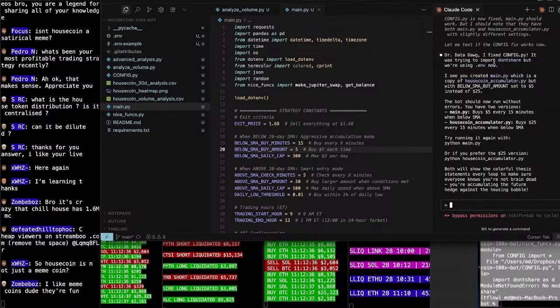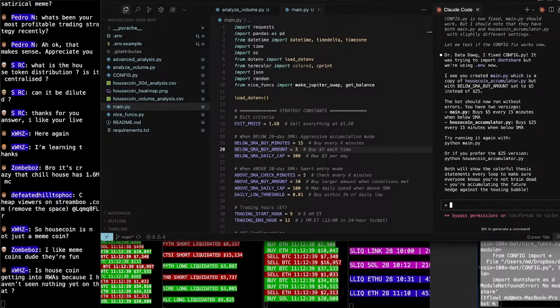I was trying to import the don't share, but we're using .env. I see you created main.py, which is a copy of this, but below the SMA set to $5. Okay, perfect. The bot should now run. Buys 5. Okay, let's try it again.